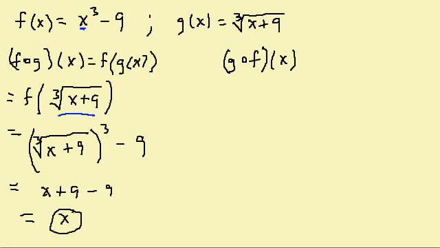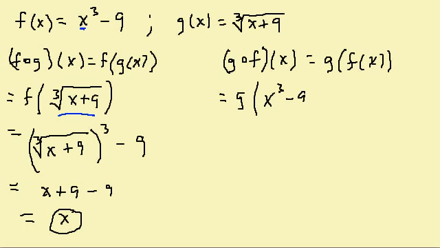Now let's look at g circle f of x. So that's going to be g of f of x, which is equal to g of, and f of x is x cubed minus 9. So this is equal to, in the place of x, I'm going to put x cubed minus 9.